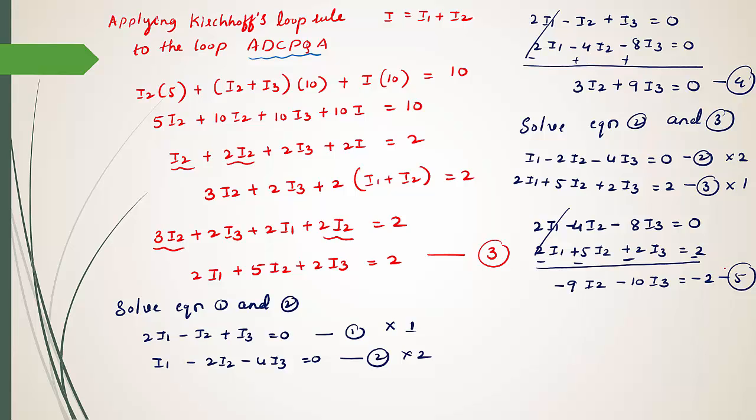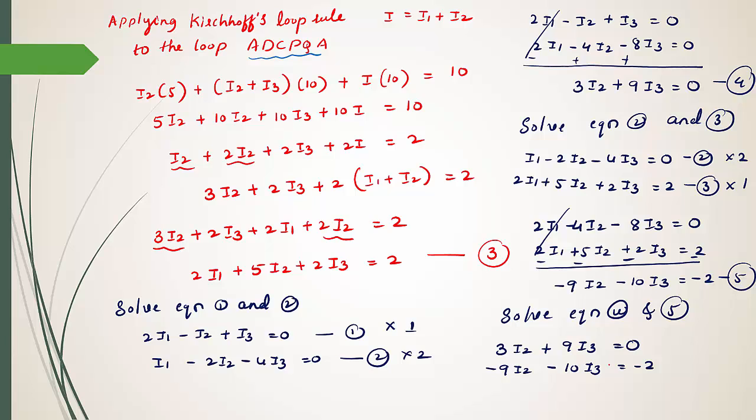Now I am going to solve equation 4 and 5. Equation 4 is what? 3I2 plus 9I3 equal to 0. Equation 5 is minus 9I2 minus 10I3 equal to minus 2.